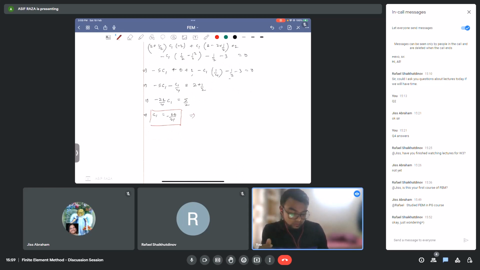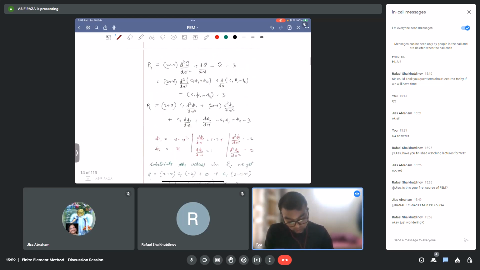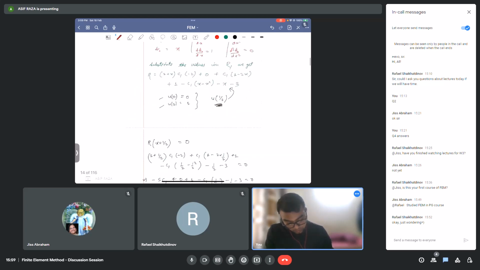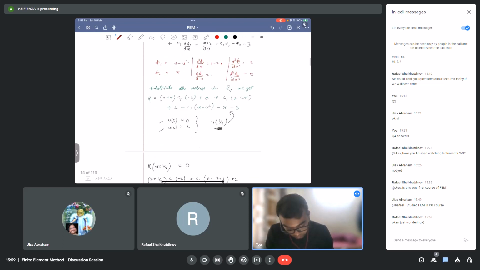So with respect to this, my u is c1 φ1 plus φ0, so that is minus 10 by 21 times φ1, which is x times (1 minus x), so minus x square, plus φ0, which is x.